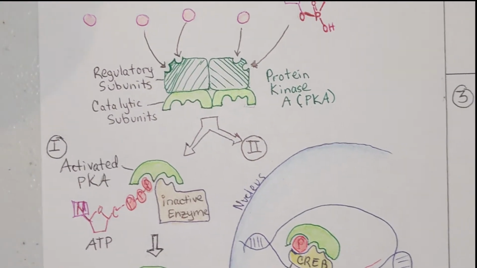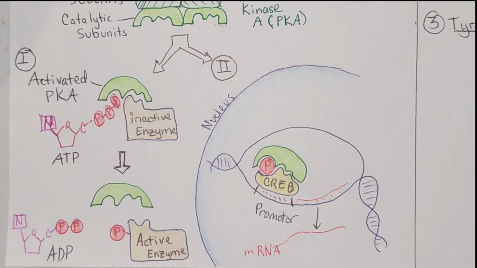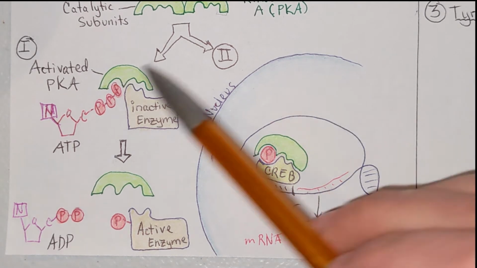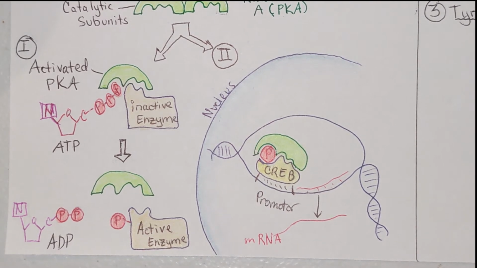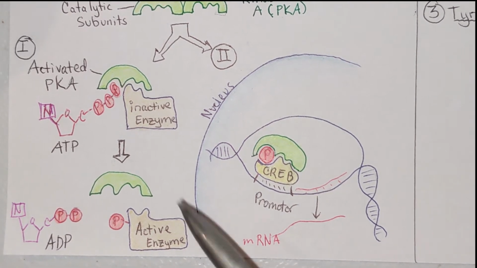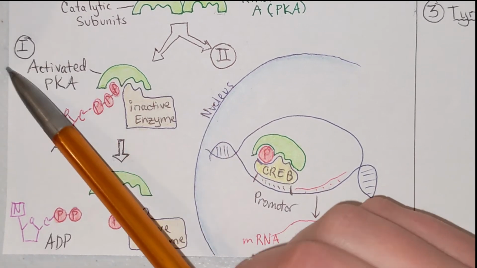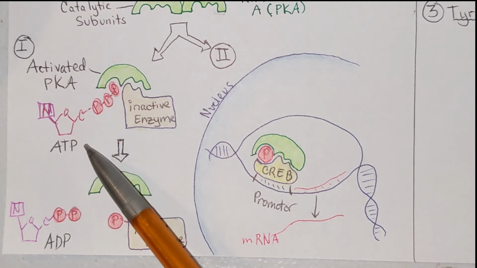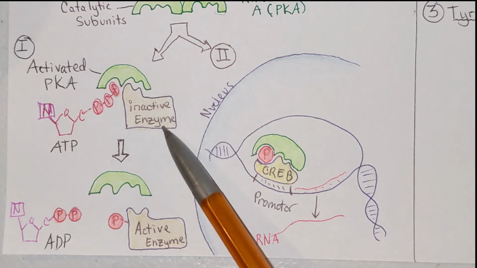Okay, so there are a lot of different things, and of course it depends very much on what particular cell we're looking at. Okay, this is just a general perspective here. So I'm giving you 2 different examples that are very generalized. This varies from cell to cell. The first action that the activated protein kinase A can have is that it can phosphorylate enzymes.